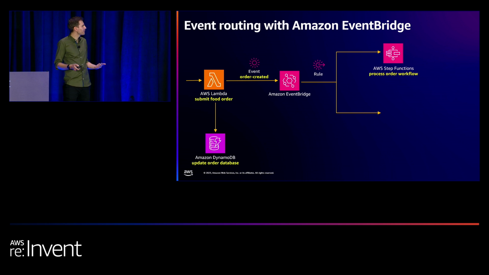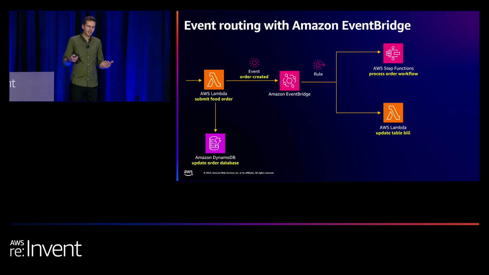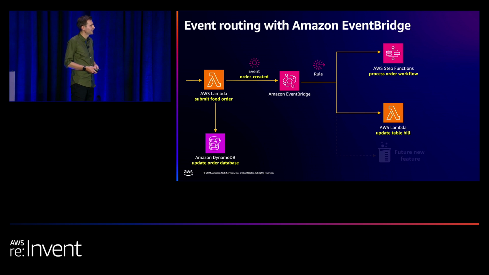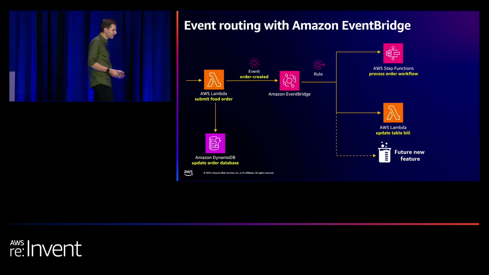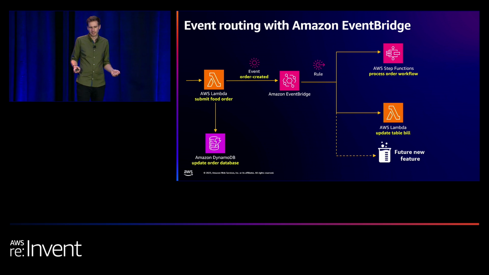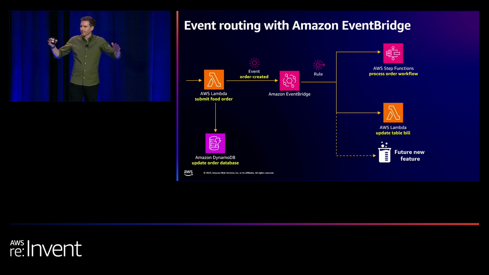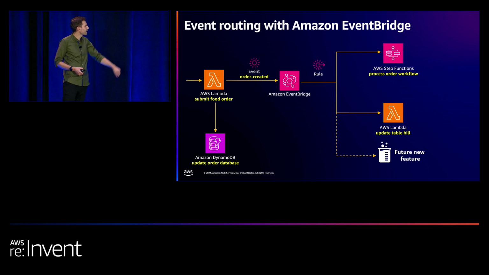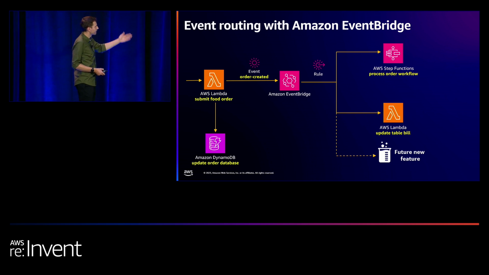In our example, we're going to trigger a Step Functions workflow to actually process the order, and a Lambda function to go and update the bill. Now, the great thing about this architecture is that if we were to add a new feature in the future, all we need to do is add a new rule. We don't have to modify any of the code on the outside services inside the submit food order Lambda or any of the other workflows or Lambda functions.